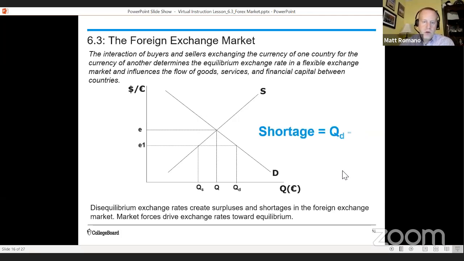Likewise, if our going exchange rate E1 is less than the market exchange rate of E, we're going to have a shortage. And that shortage is going to be measured by QD minus QS. In both cases, these surpluses and shortages, the disequilibrium, it can correct itself as exchange rates adjust back to equilibrium.